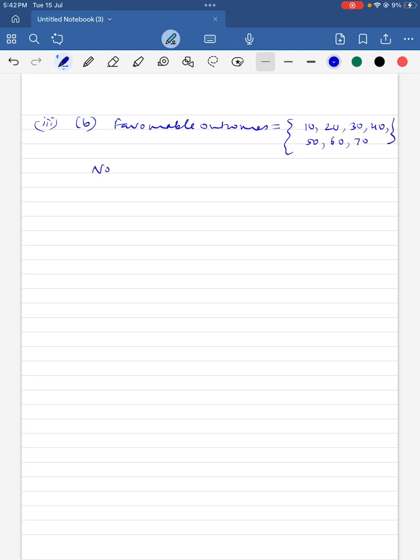So the number of favorable outcomes is 7, and therefore the probability of an even number which is divisible by 5 is 7 upon 65.